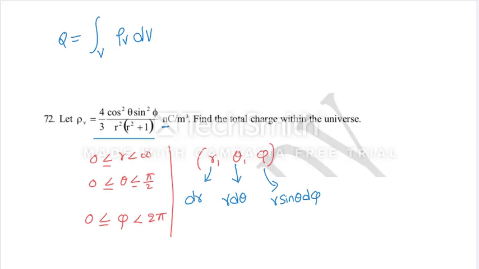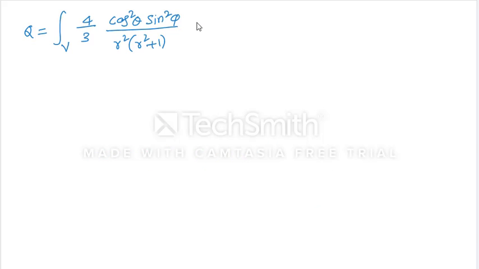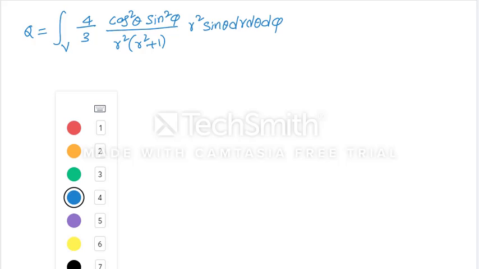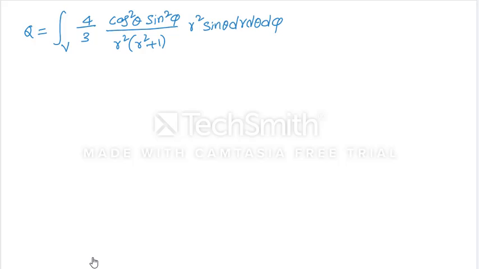What is the dv now here? So all the three elements are required for dv now. Tell me dv now here. R square sin theta dr d theta d phi.